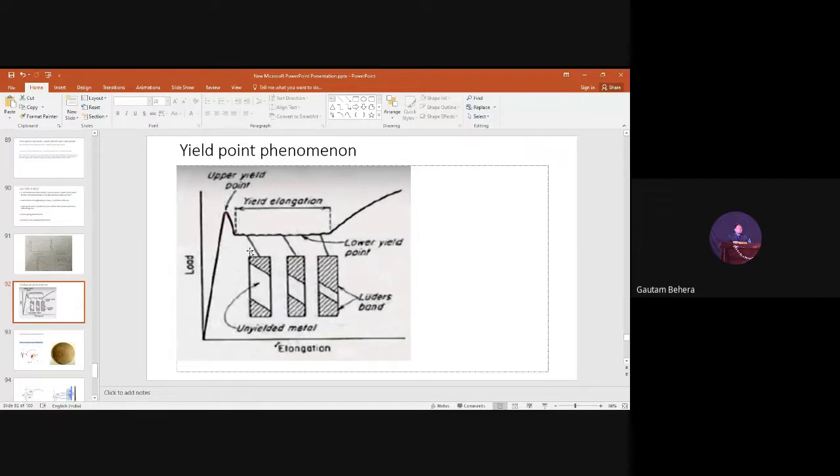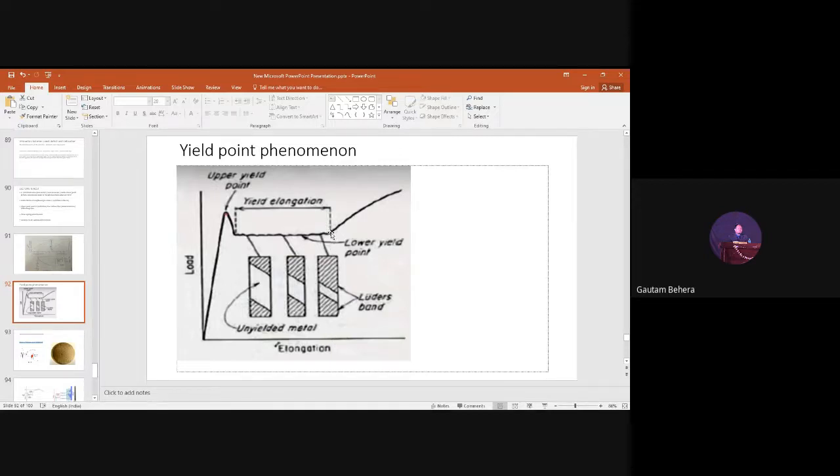This is technically called yield elongation from here to here, or Ludar extension, where we can see mountains and valleys kind of thing. That means stress goes up, goes down, then goes up, then goes down, like this, up to a certain extent.